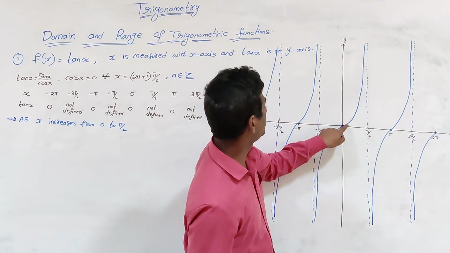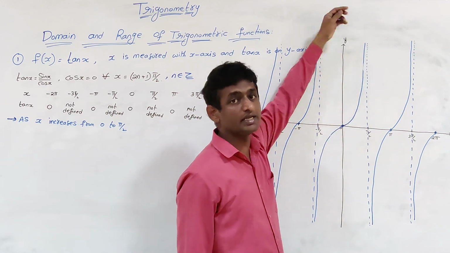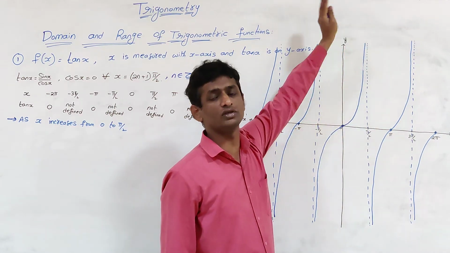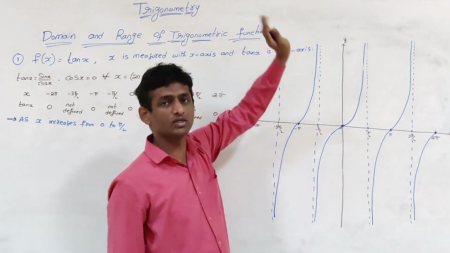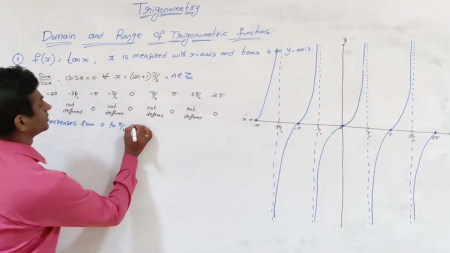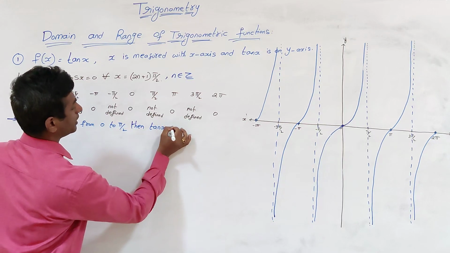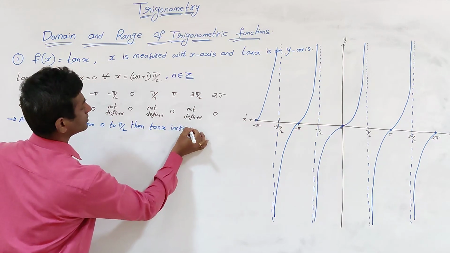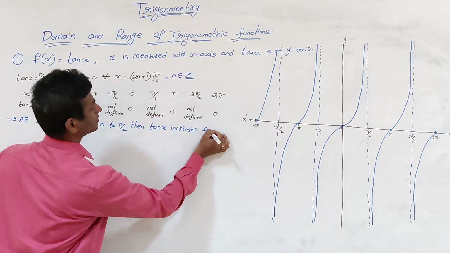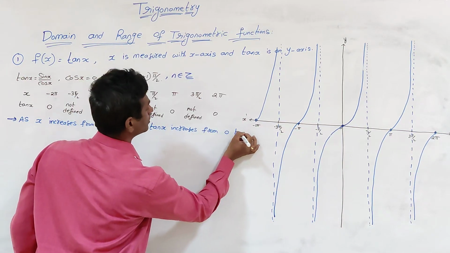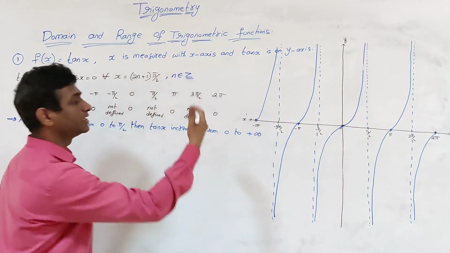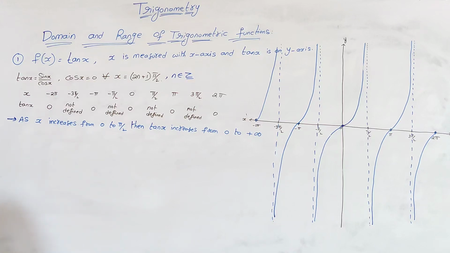From 0 to pi by 2, it is slowly increasing, means it is going on increasing the values. Then tan x increases from 0 to plus infinity. There is no end.